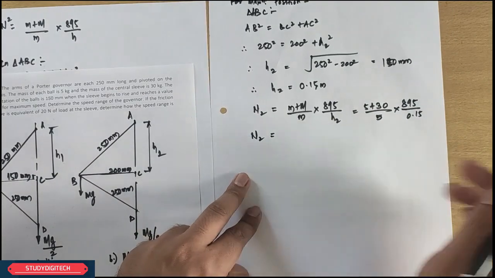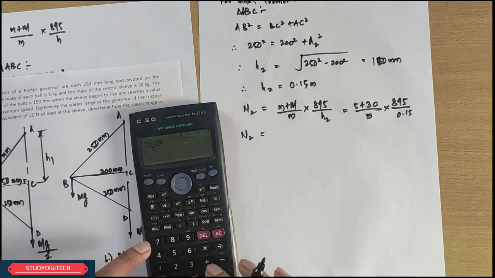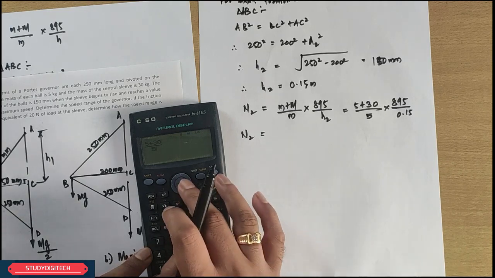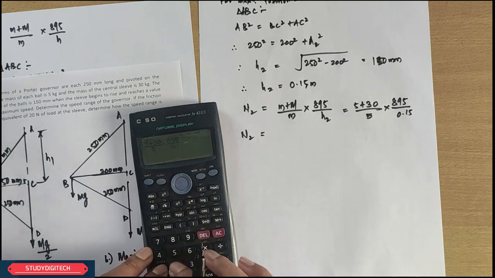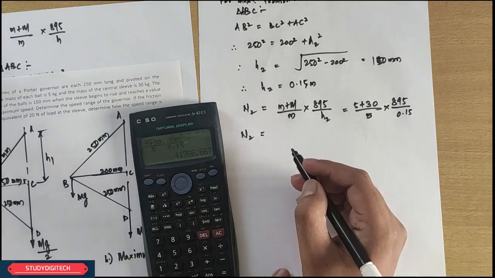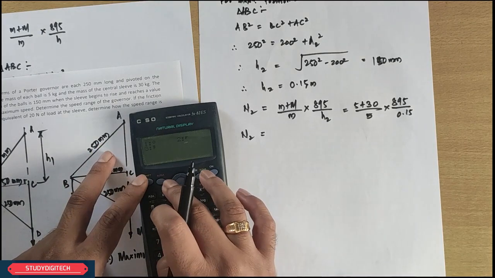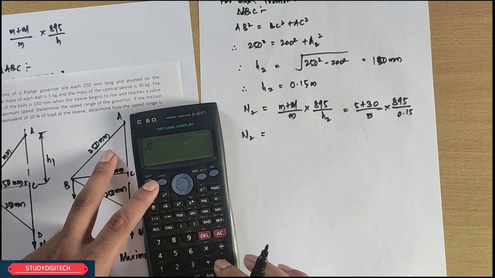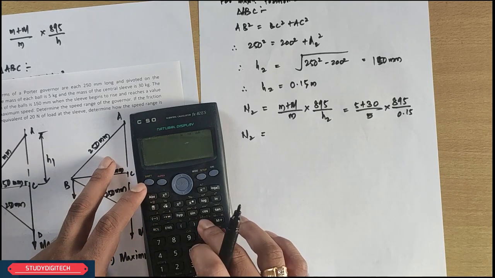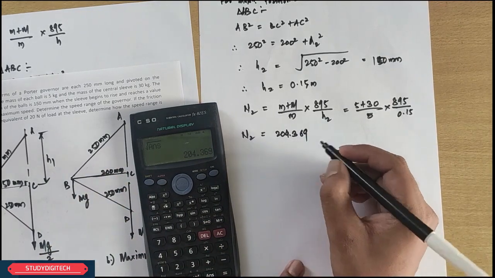So the value of n2 will be equal to 5 plus 30 divided by 5 into 895 divided by 0.15. Under root of the answer will be equal to 204.369.